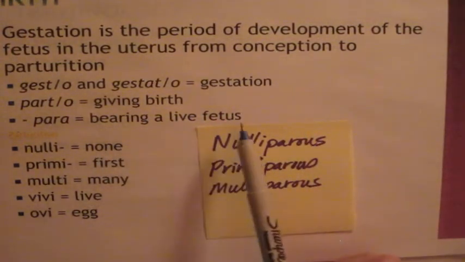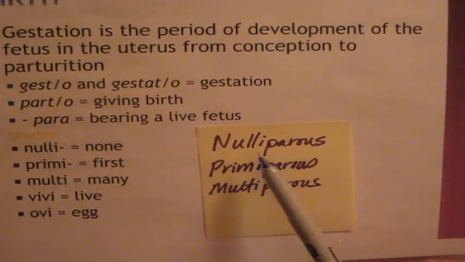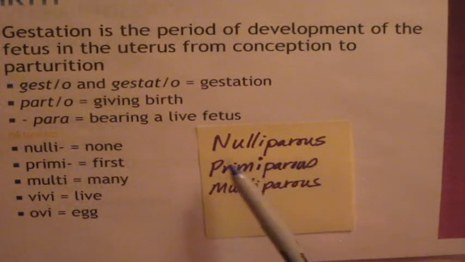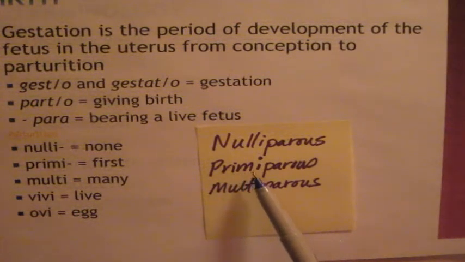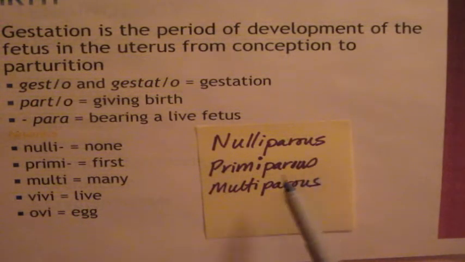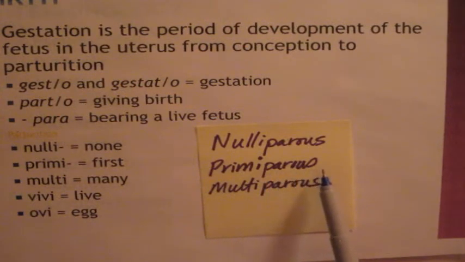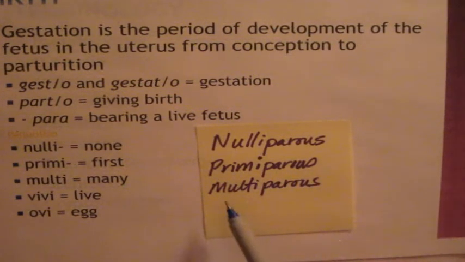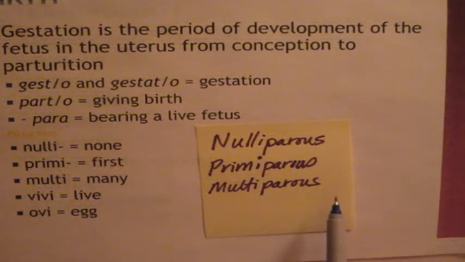None, bearing live fetus. So somebody who has never given birth to a live fetus is nulliparous. An animal who has given birth to one, or it's their first, is primiparous. If they've given birth to many live fetuses, then they are considered a multiparous animal.